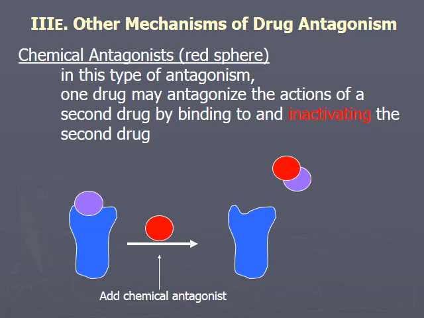And if you're a hospital pharmacist and you dispense the wrong dose of heparin, your patient could have a hemorrhage and die. Thankfully, we have an antidote to it called protamine that can mop it up. It can bind to the drug and prevent it from acting at its receptor. Does that make sense as a chemical antagonist?